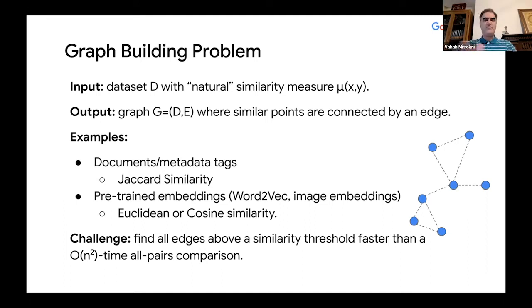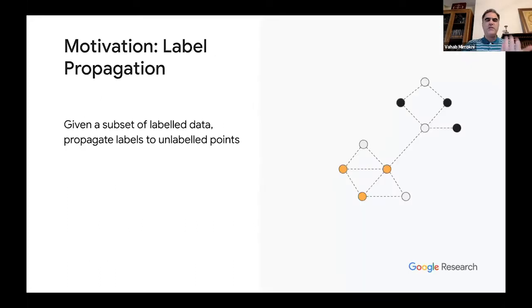And as we'll see, there are several data mining applications where, if we build these graphs in a smart way, we can do much better. The clustering application is one of them, which I'll also elaborate on in the last part.